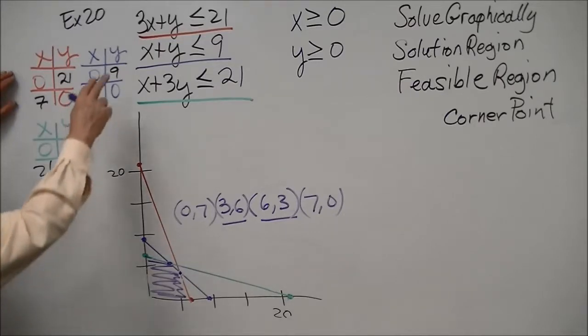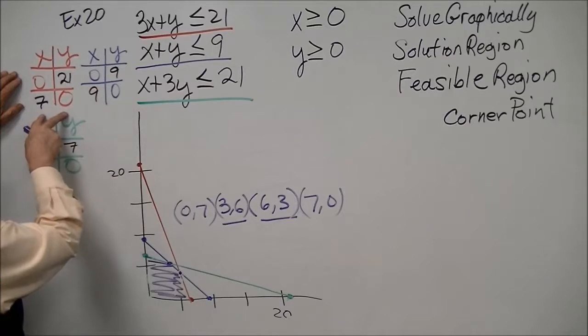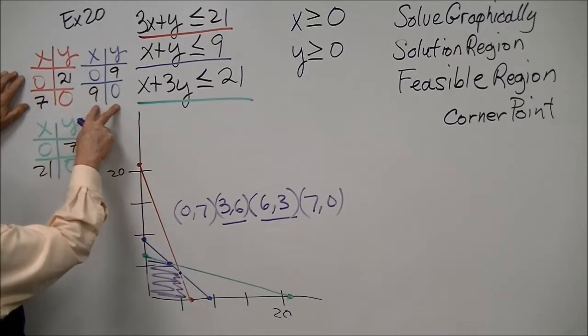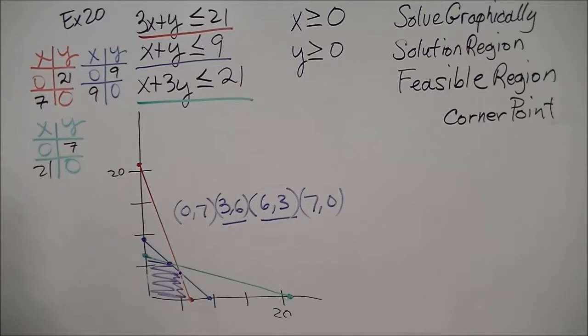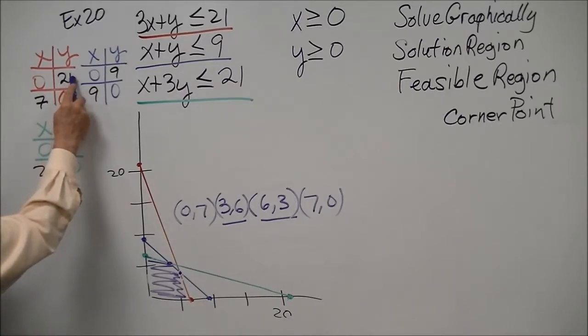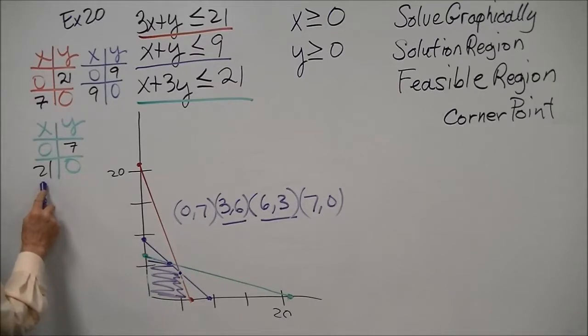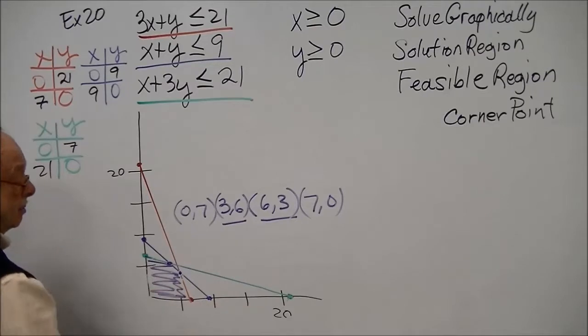So we take our red equation or inequality, put it into our T chart, get these values for the blue inequality, these for the green. Now, looking at these values, I see my largest y is a 21, my largest x is a 21, so these give me the parameters of what to set up.